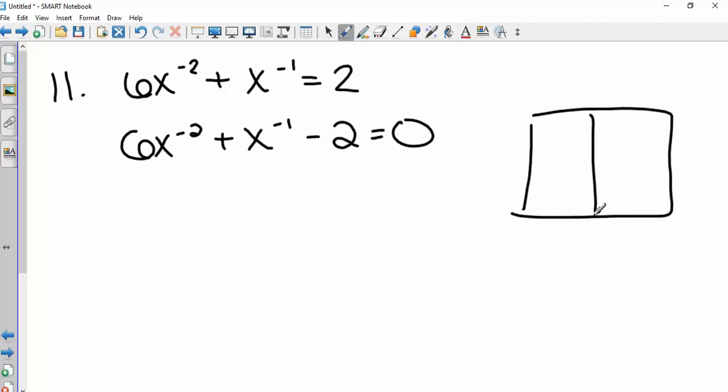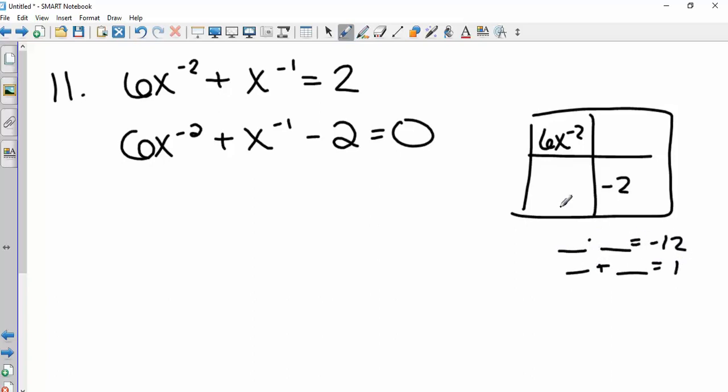We have to set it equal to 0. What multiplies to a -12 and adds to a +1? And each of those get an x to the -1. So when I factor out, we get 3x to the -1 and 2, 2x to the -1 and -1.